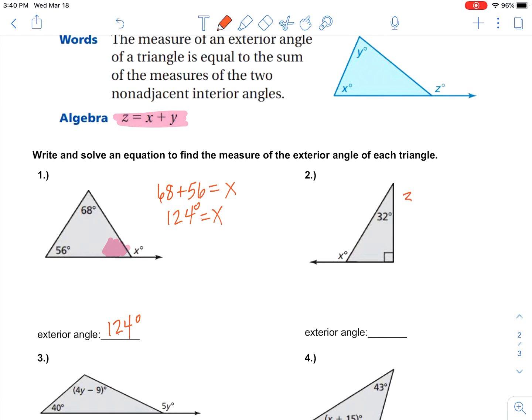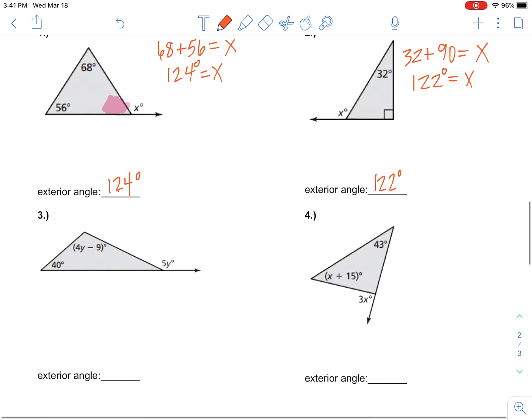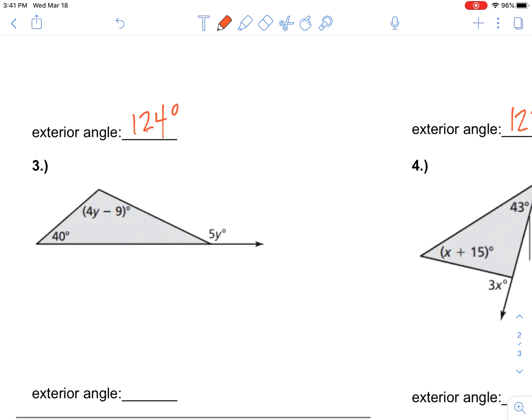All right, in number 2, we have an interior angle of 32, an interior angle of 90. We're going to set that equal to the exterior, which is x. In this case, we are going to get 122 equals x. It's obviously a degree measurement, so 122 degrees it is. Going down to number 3, getting a little more complicated.